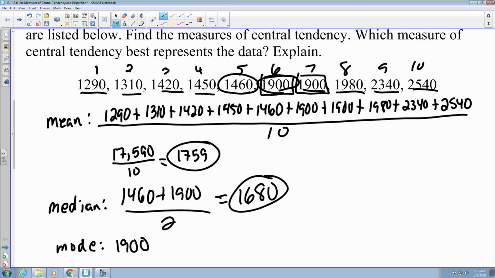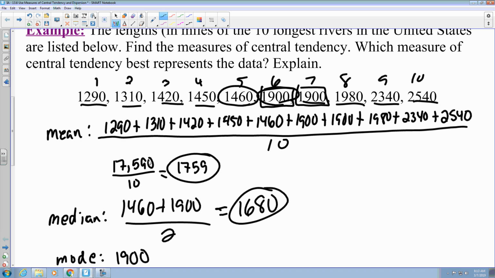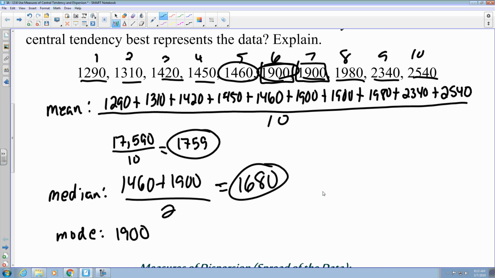So we have a mean of 1759, a median of 1680, and a mode of 1900. So now what we have to ask is which measure of central tendency best represents the data?